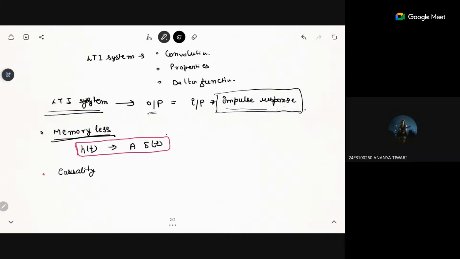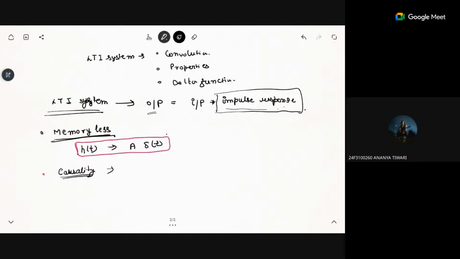Following the lecture, what type of impulse response should lead to a causal system? A causal system means it depends on past and present, but it should not depend on the future value. If the output depends on the future value, then it's a non-causal system.